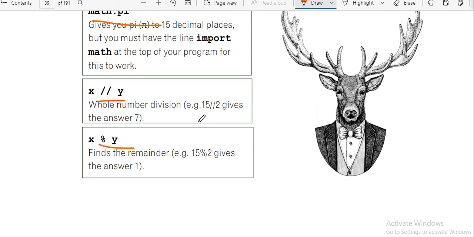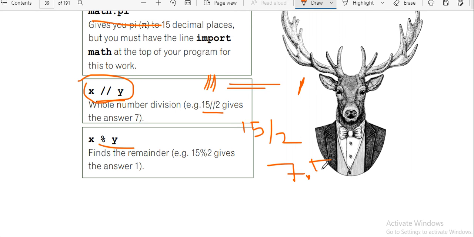Now there are different operators in different languages, but in Python there is an additional operator, which is this double slash, and which basically gives the same meaning as the slash in other languages. This slash means just the quotient, right? And here double slash means the quotient, that is 15 double slash 2 gives you 7. But if you do 15 slash 2, it will give you 7.5, right?